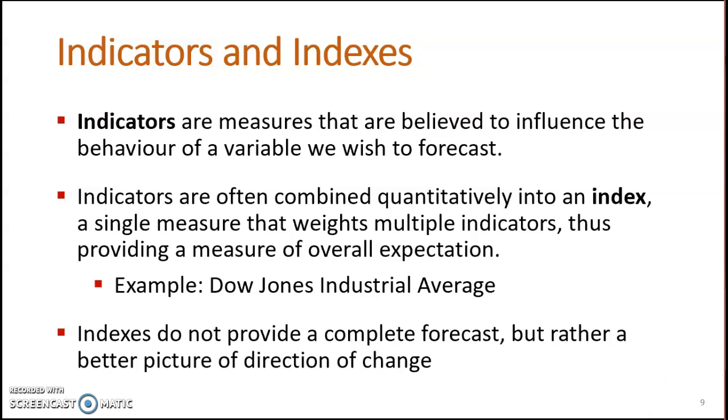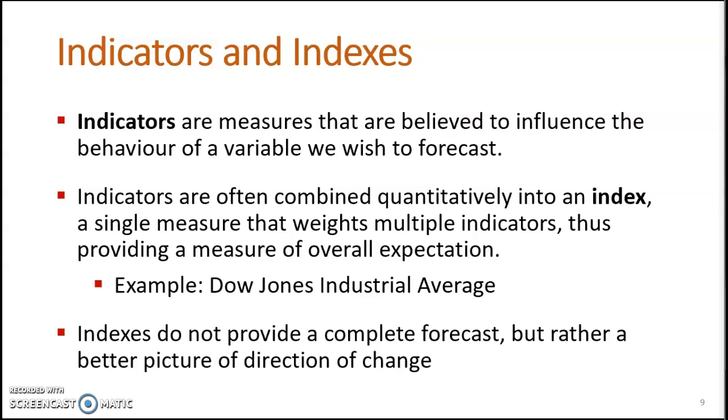Indicators and indexes generally play an important role in developing judgmental forecasts. Indicators are measures that are believed to influence the behavior of a variable that we want to forecast. They are often combined quantitatively into an index, which is a single measure that weights multiple indicators together, thus providing a measure of overall expectation.